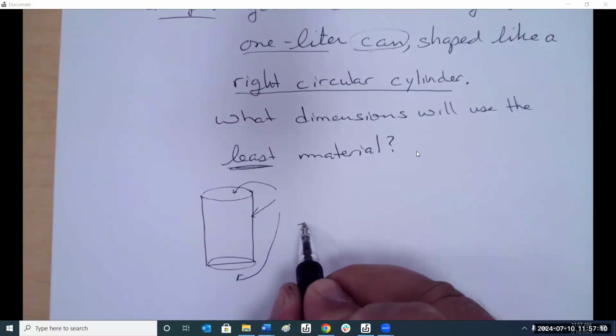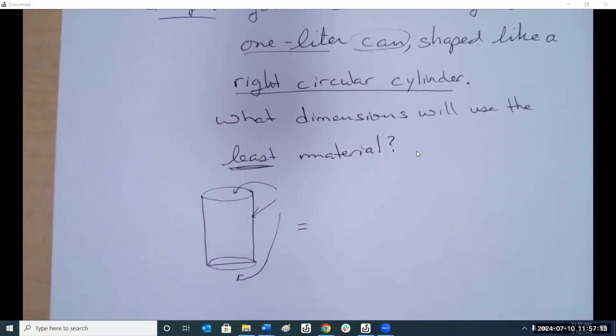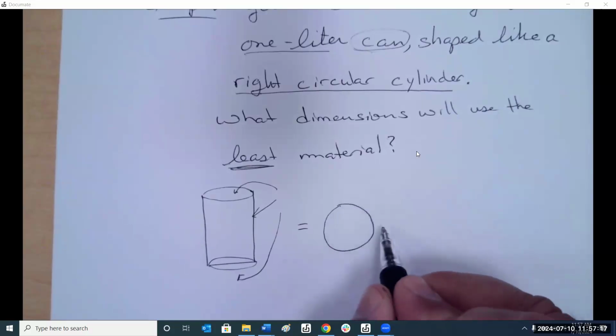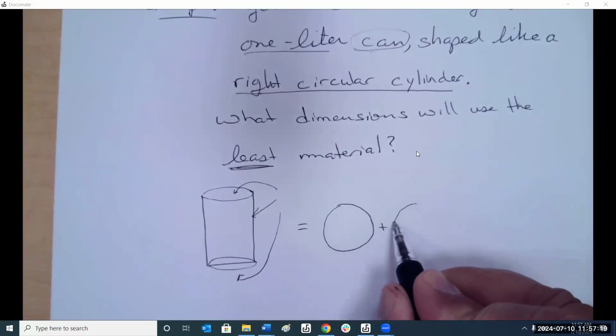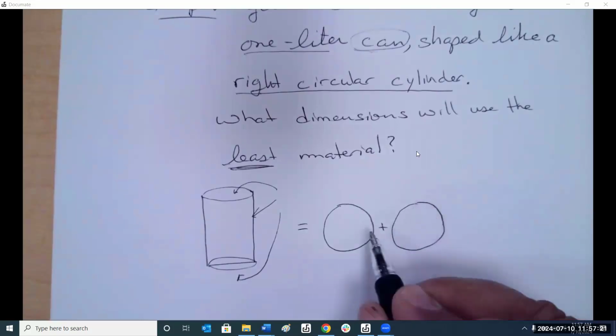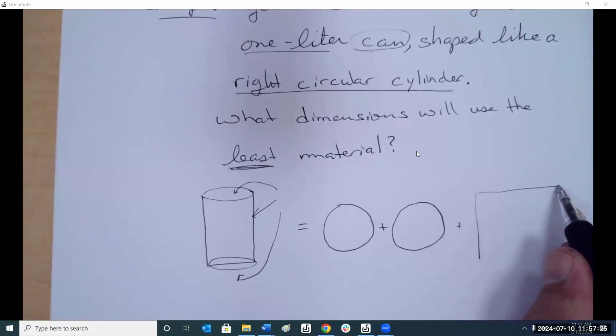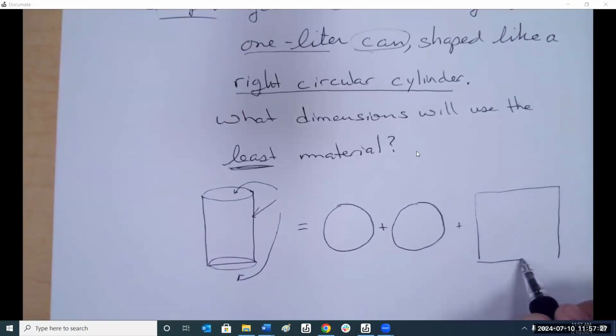So let's look at what this can is made up of. It's made up of 2 circles, one top and one bottom, plus a sheet that goes around the can.